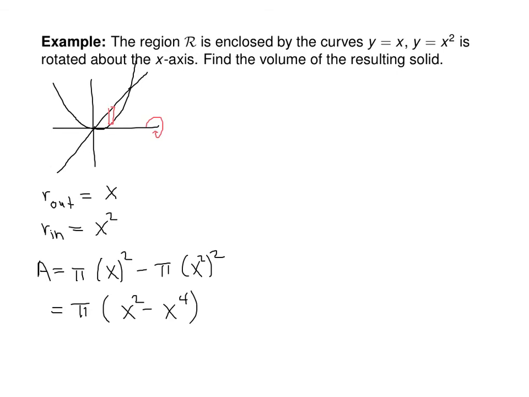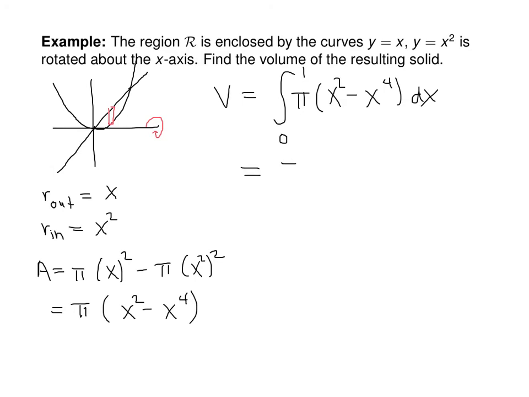Now to find the volume, you add up all the slices, which is what the integral does. You integrate from, in this case, my slices begin at x equals 0, and they end at x equals 1, so 0 to 1. The areas of my slices are pi times x squared minus x to the 4th dx.